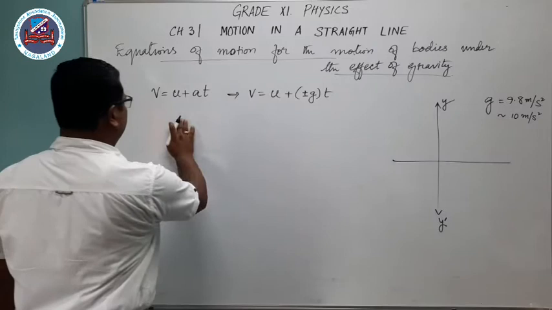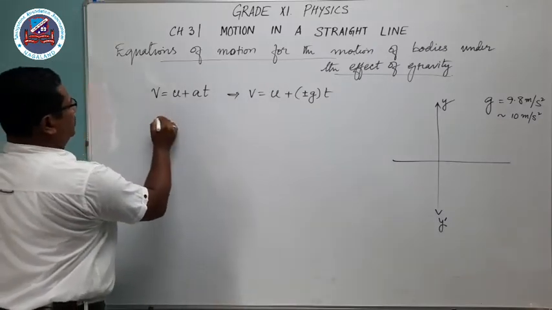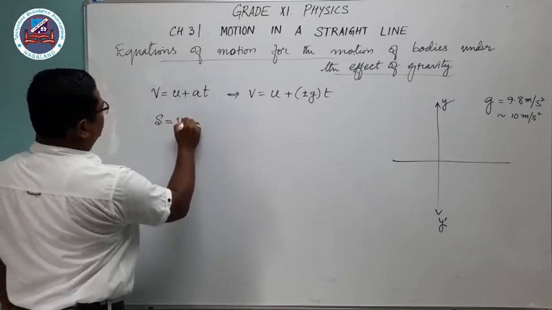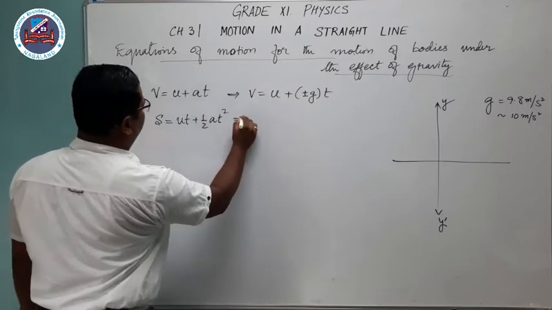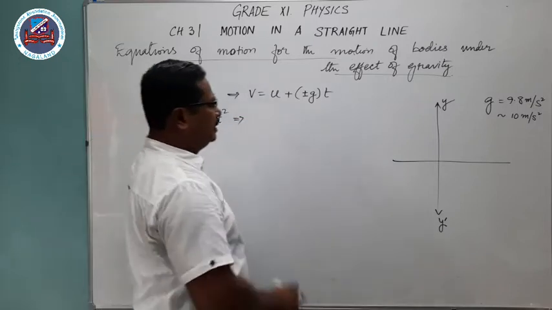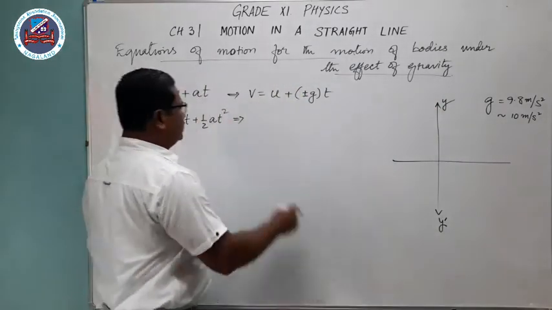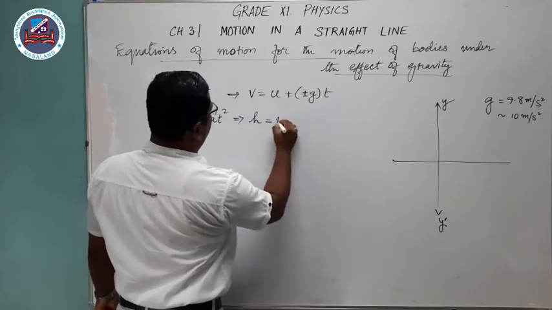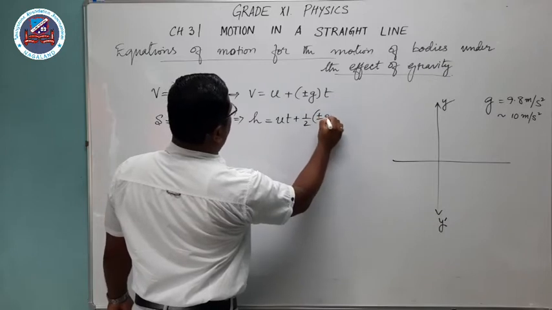Now the second equation of motion, that is your position-time relation. The displacement s is equal to ut plus half of at square, which gets modified as displacement along the y axis. We can write y, or simply height h, is equal to ut plus half of plus or minus g t square.